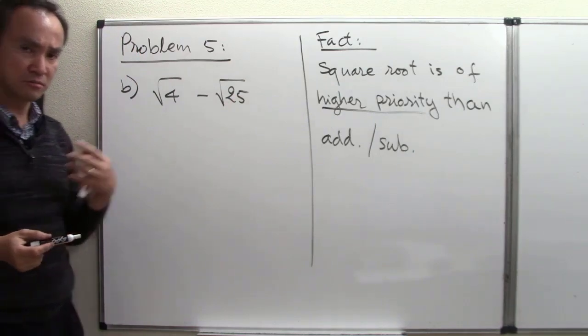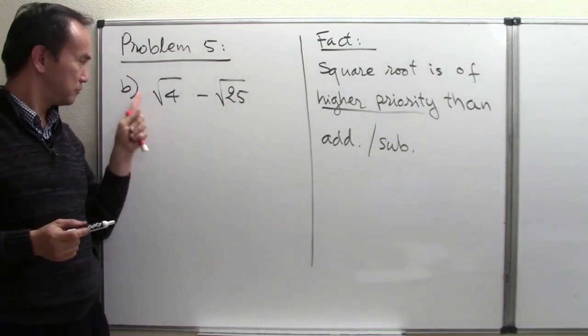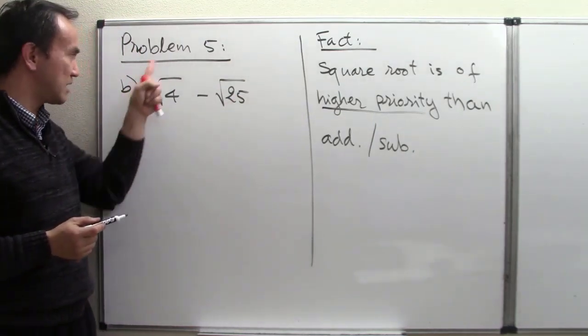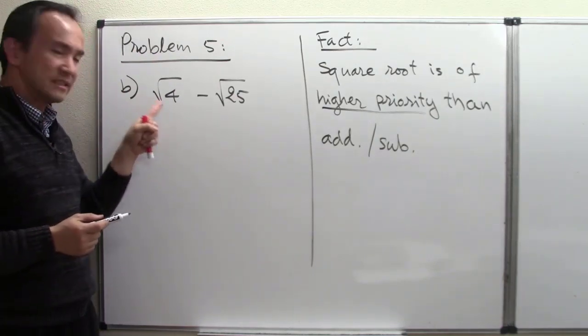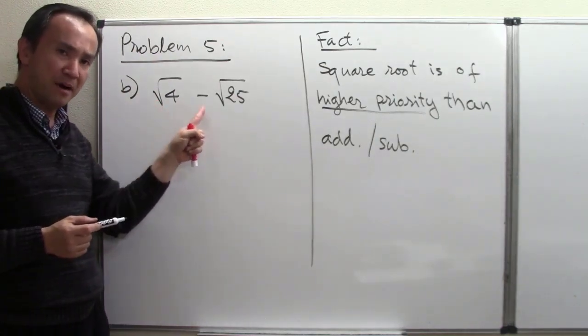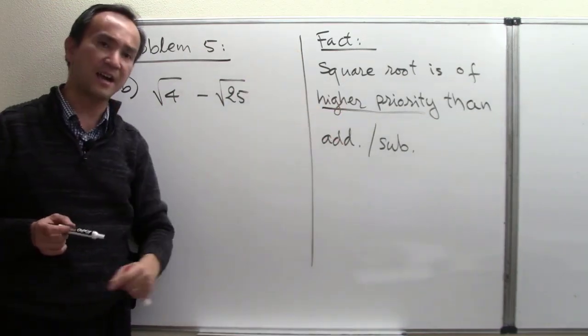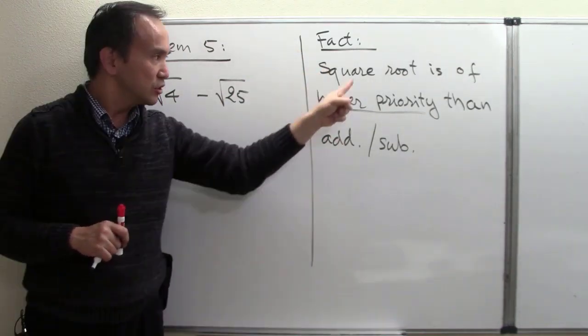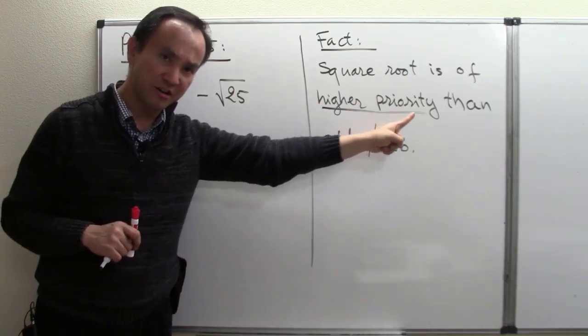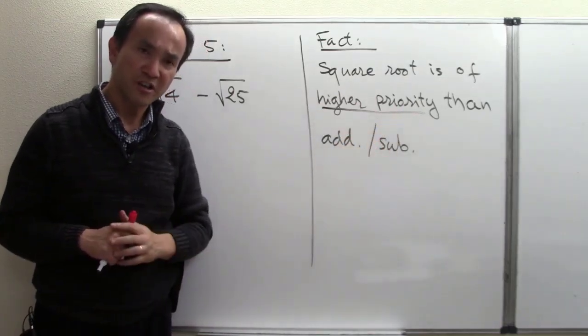All right, allow me to bring in a quick computational problem in part B of our problem 5. Let's say we have the square root of 4 minus the square root of 25. Again, I'm repeating the fact I have written on the board: square root is of higher priority than subtraction as well.